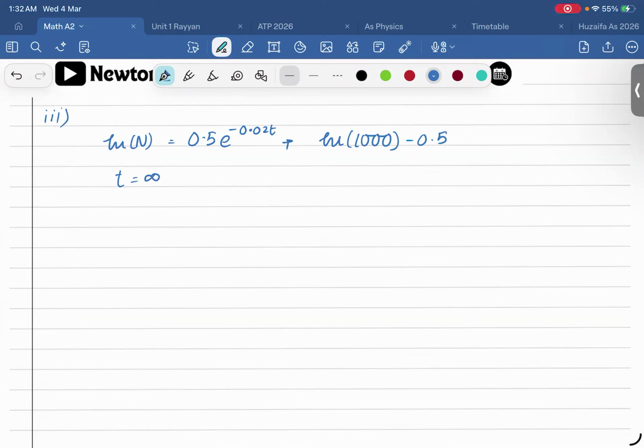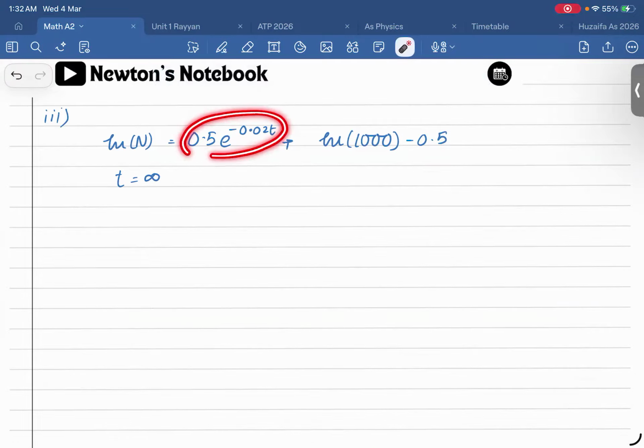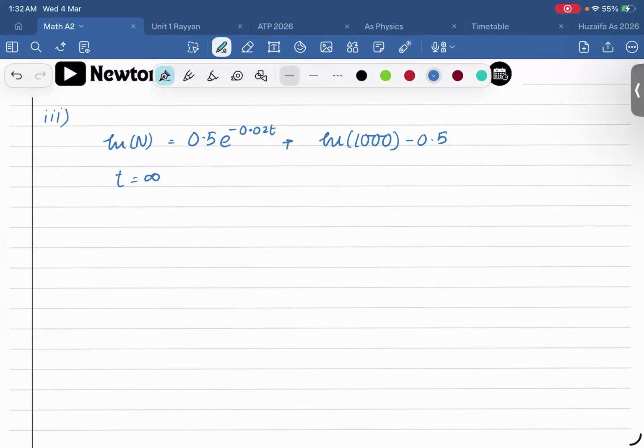Now, if you look at this equation, only this term contains t. If I write the equation as ln n equals 0.5, and then in the denominator e to the power 0.02t, right? So it doesn't affect my equation, ln 1000 minus 0.5, right?